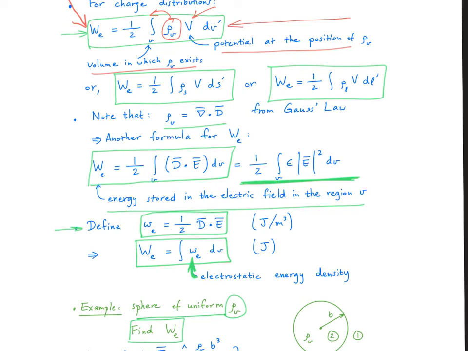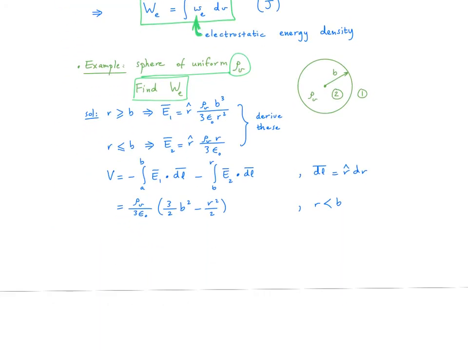And so how do I find my absolute potential? I'll utilize the negative of the line integral of the electric field. So the key word here is the electric field, and that's what we need to find. So how did we find these electric fields? By utilizing Gauss's law. Why did we use Gauss's law? Because of the symmetry that's apparent in this system.